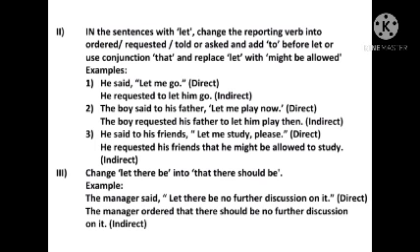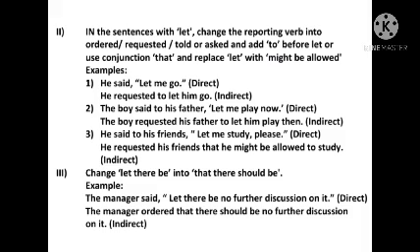In the sentences with let, change the reporting verb into ordered, requested, told, or asked and add "to" before let, or use a conjunction that and replace let with might be allowed. Let's try to understand it through example. He said, let me go.